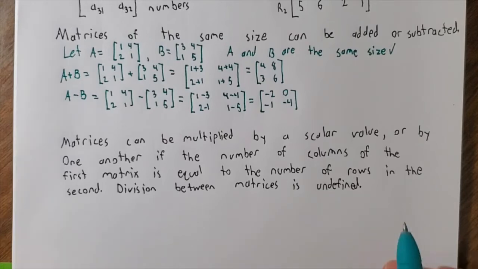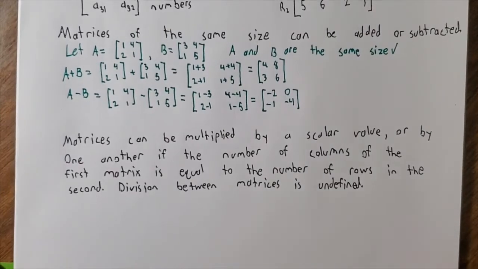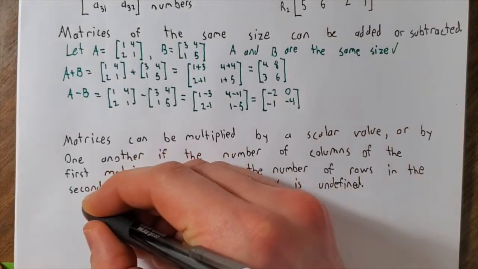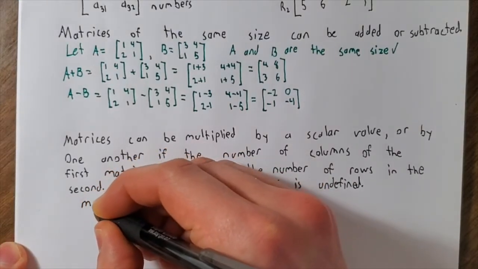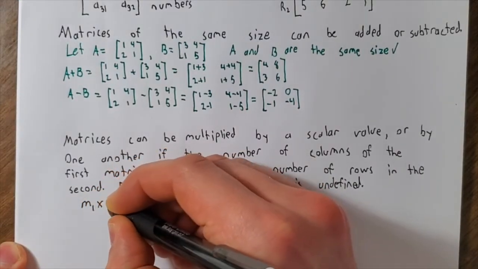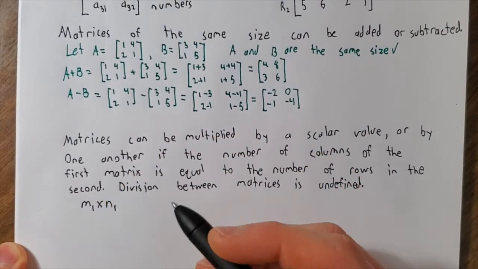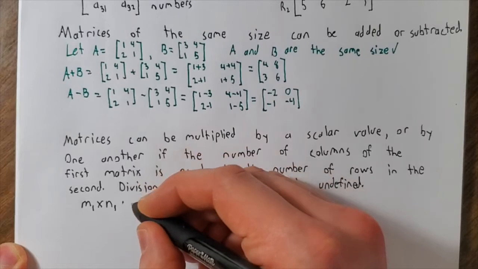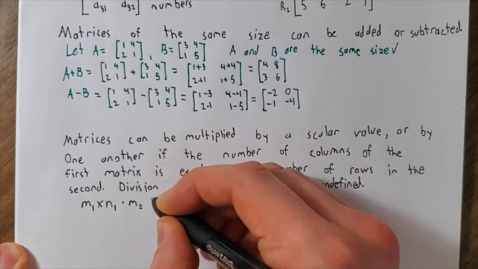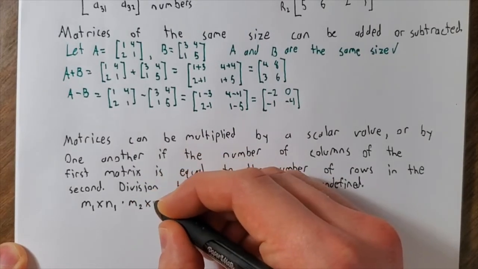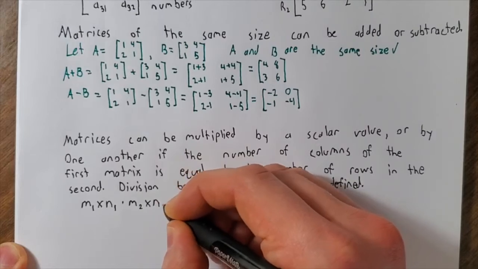So what do I mean by that exactly? If we have two matrices, let's say the first matrix we have is M1 by N1, so these are our rows and columns again, and we're trying to multiply that by a second matrix that is M2 by N2.